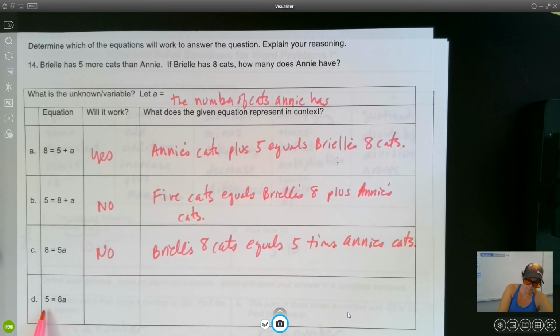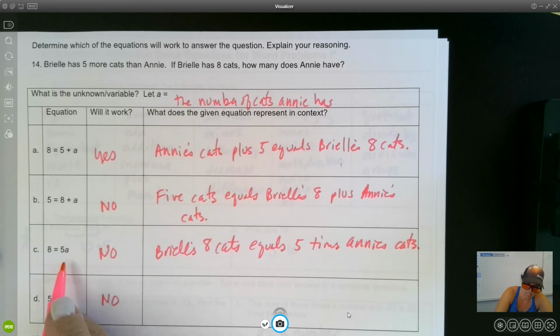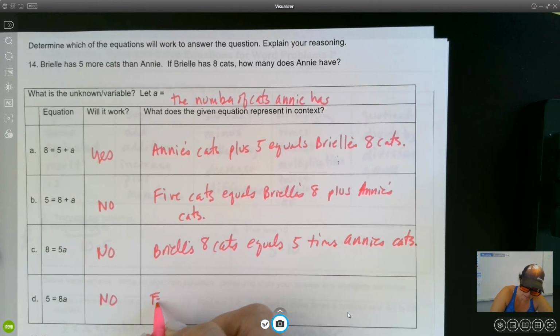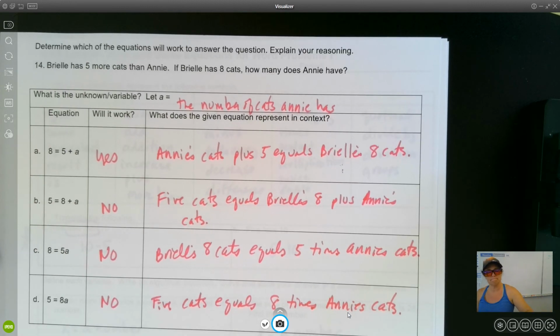And neither does this one. 5 cats equals 8 times Annie's cats? No. Okay, you'd have to have like fractions of cats here. That would be weird. 5 cats equals 8 times Annie's cats. That doesn't make any sense, right?